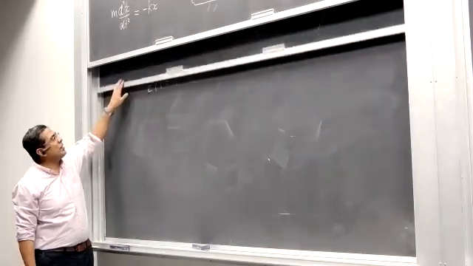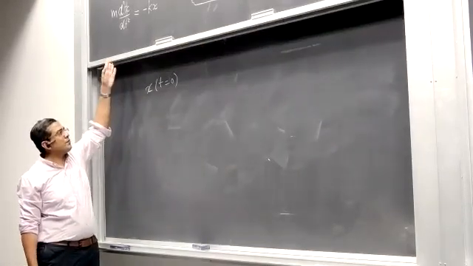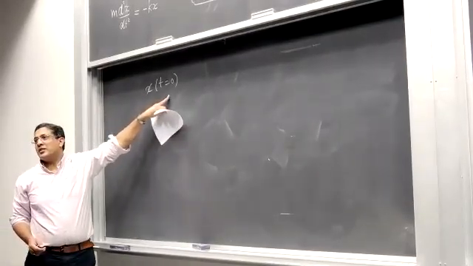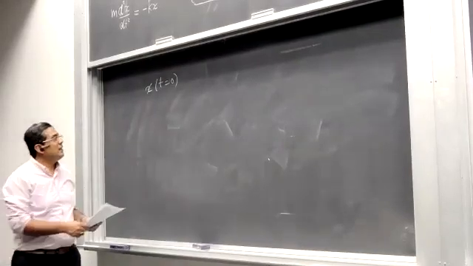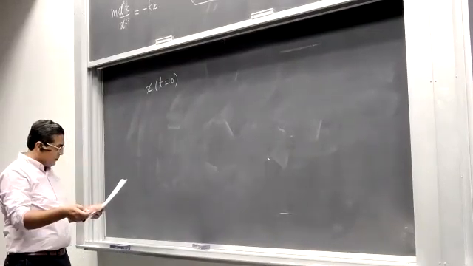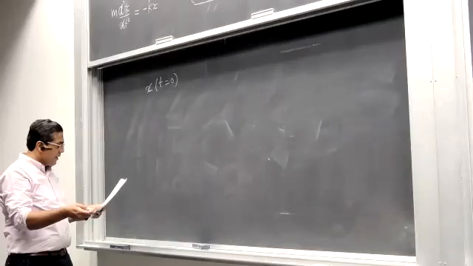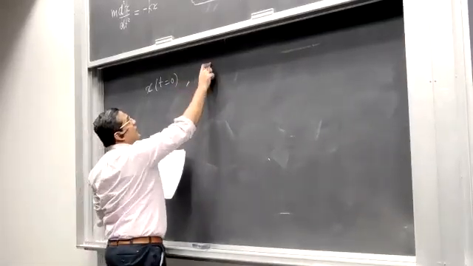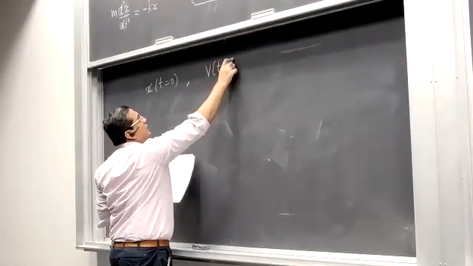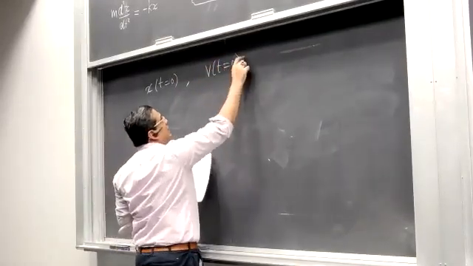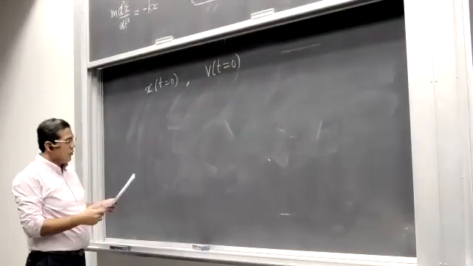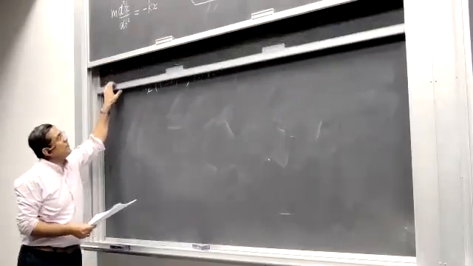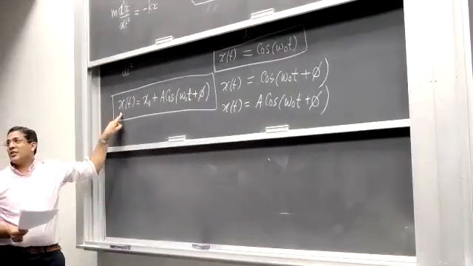So typically you know what x of t at t equal to 0 is, and you also typically know what the velocity of your oscillator at a given time t0 is.